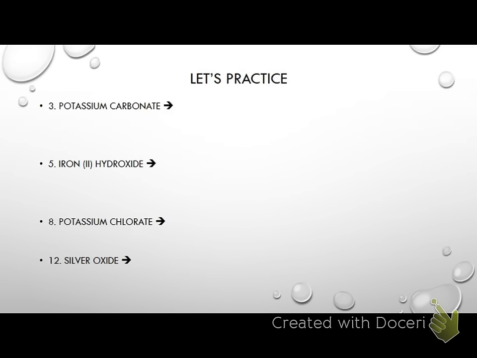So let's practice a couple of these. Potassium carbonate. Again, we have to know how to write that correctly. Potassium is a +1, carbonate is a -2, so we would write this as K2CO3. And we're going to break it down. If you go look at metallic carbonates, it will tell you that a metallic carbonate breaks down into metallic oxide plus CO2.